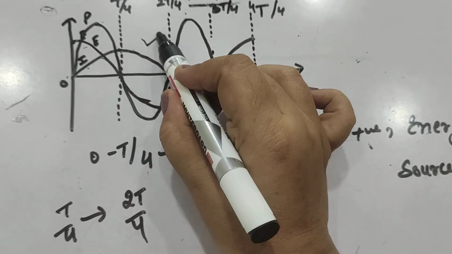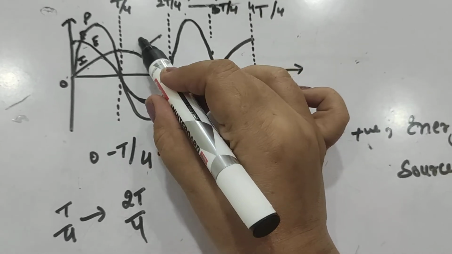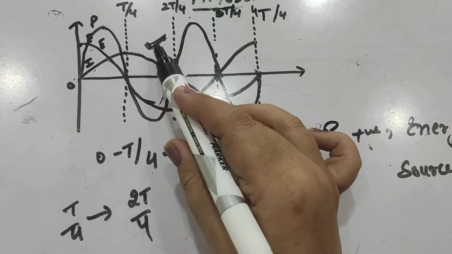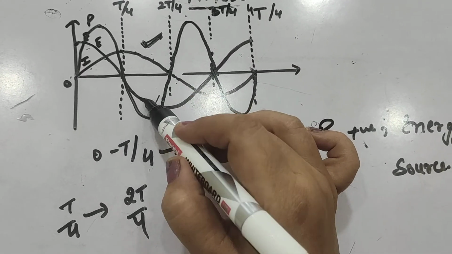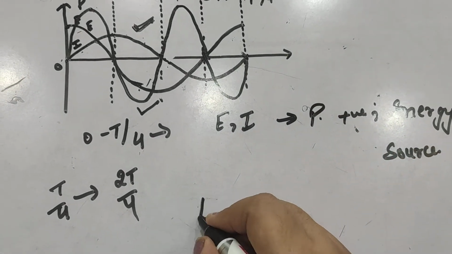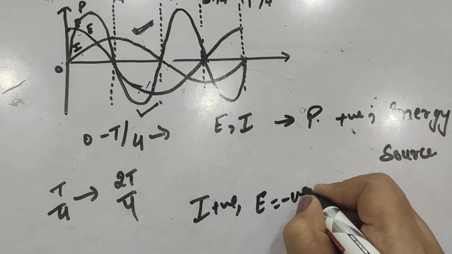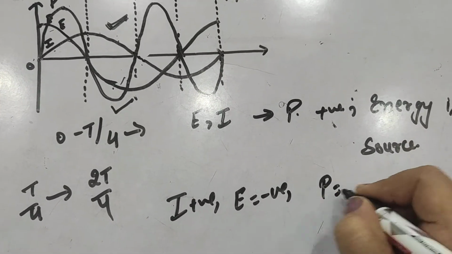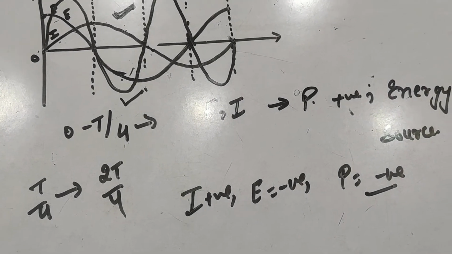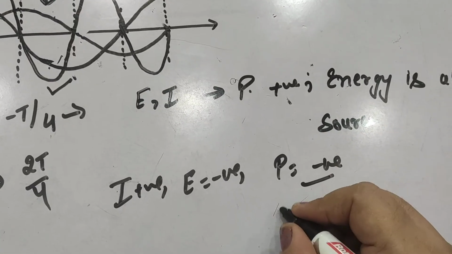Current lies on the positive axis and EMF is negative, so the product of E and I is negative. So power P is equal to IE is negative. So we can say that in this case the energy is being returned to the source.